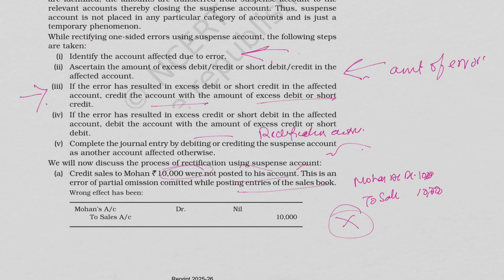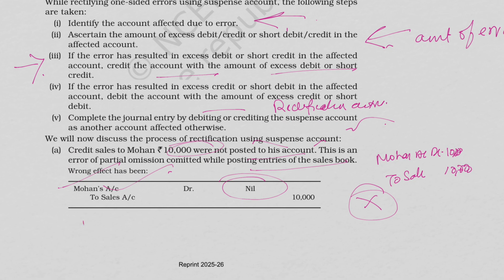So this causes a short debit in Mohan's account. To correct this entry, we'll pass a rectification entry of Mohan's account debit rupees 10,000 to suspense account rupees 10,000. So this removes the trial balance difference.